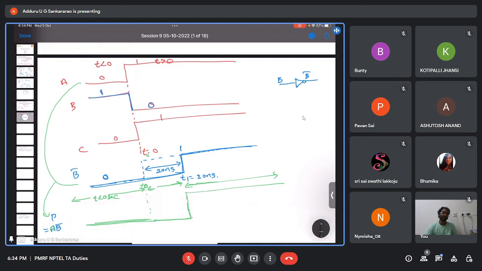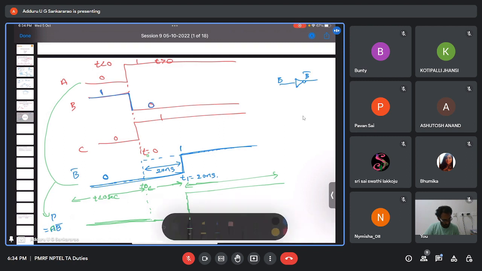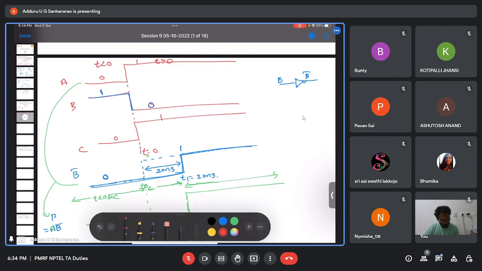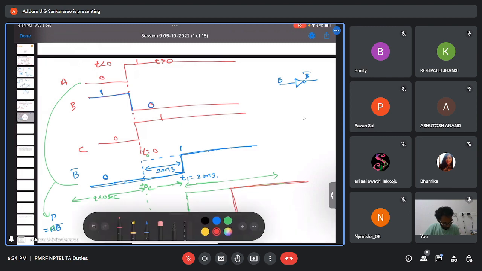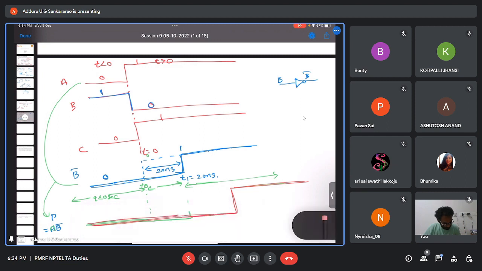But there is a 20 nanosecond propagation delay, right? So instead of this, what waveform will we get? P will not be this one. There is a delay of 20 nanoseconds. Instead of this, we will get this, this is P, the red one. You got it right?